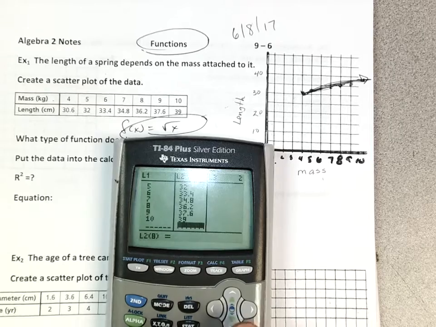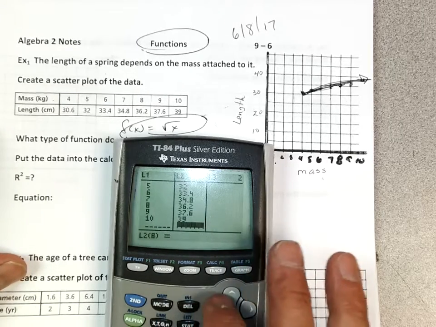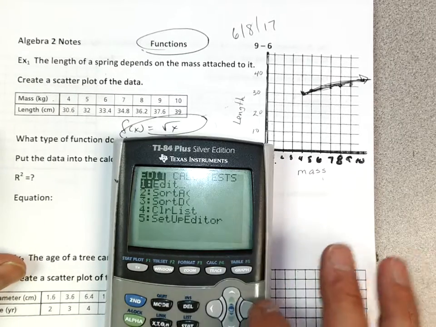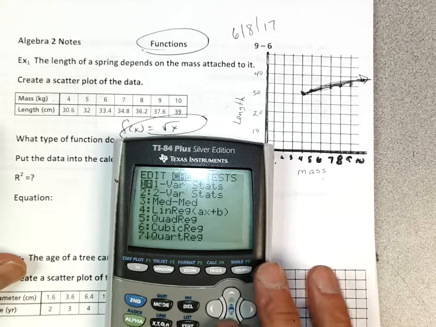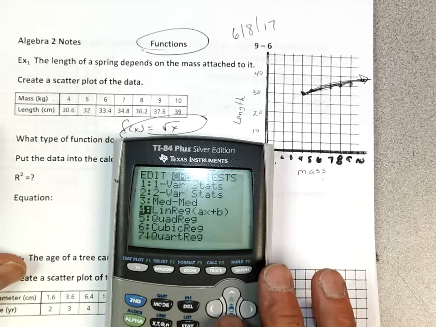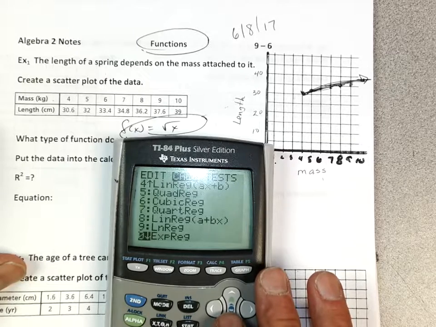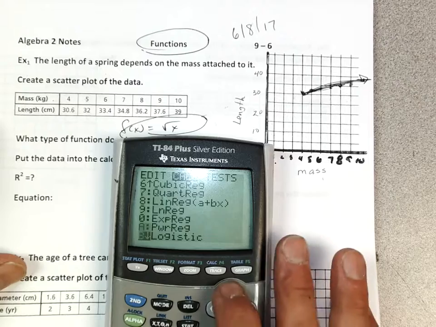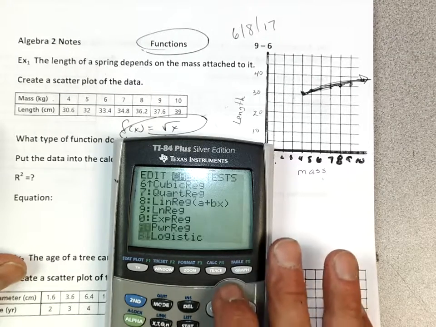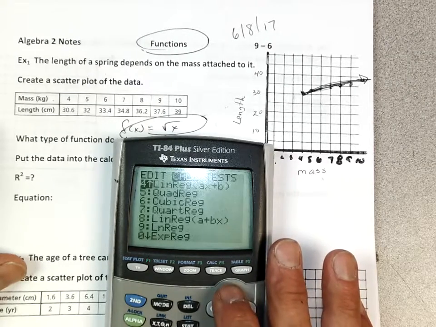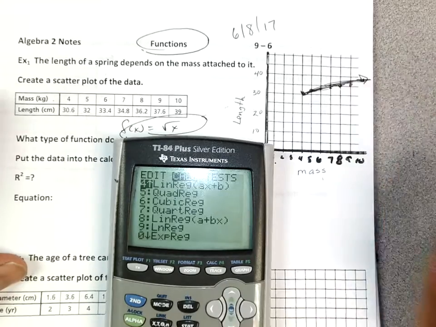So let's try a few things. Let's go back into stat, calculate, okay? Quadratic, definitely not quadratic. Well, maybe we could do quadratic. It might give us an upside down quadratic. Cubic, quartic, linear regression, natural log, exponential regression, no. Power, no. So it could be a log, but we haven't talked about log. Let's just call it a linear regression because it almost looks straight, okay?